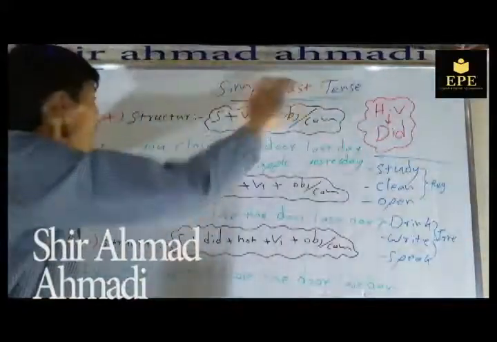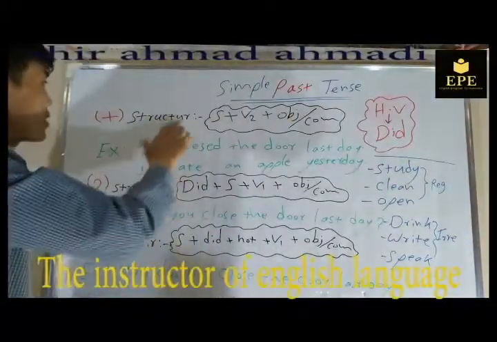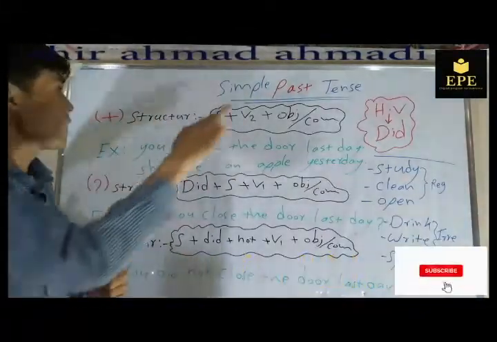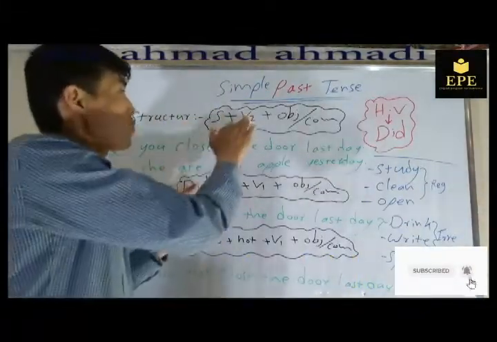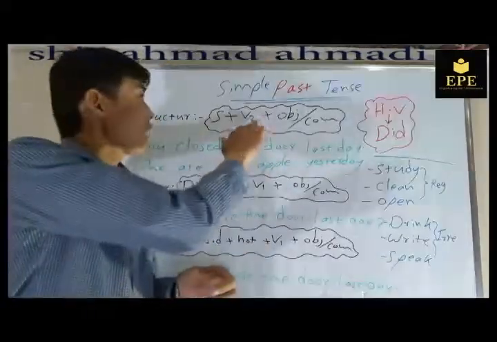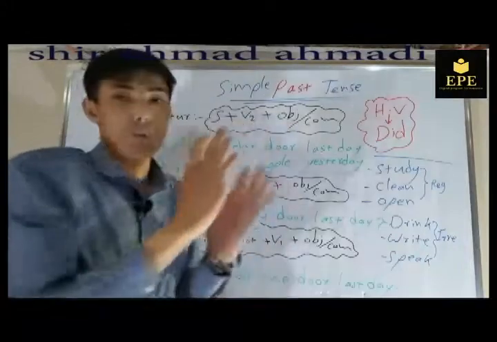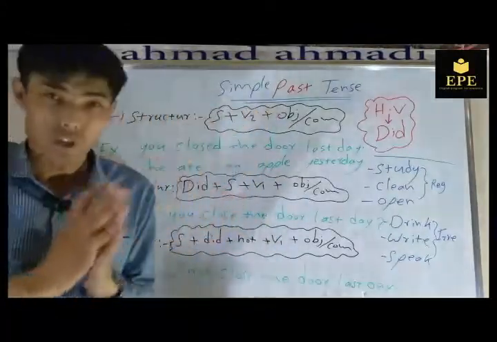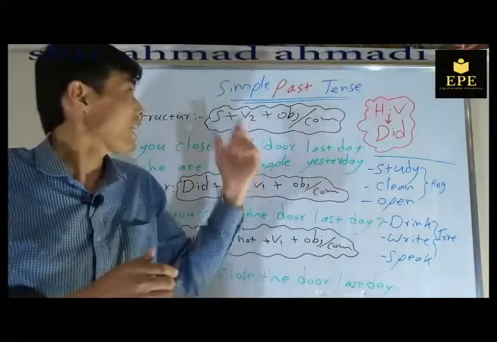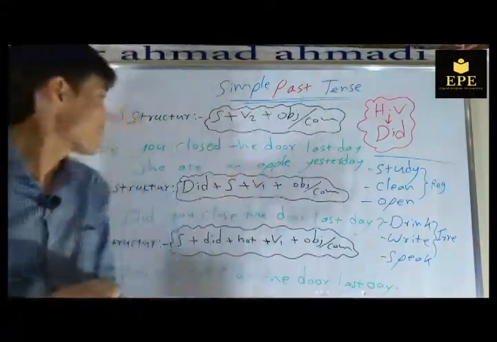In simple past tense, for positive sentences, the structure is subject, then verb, the second form of verb, plus object or complement. This is the structure or formula for a positive sentence in simple past tense.